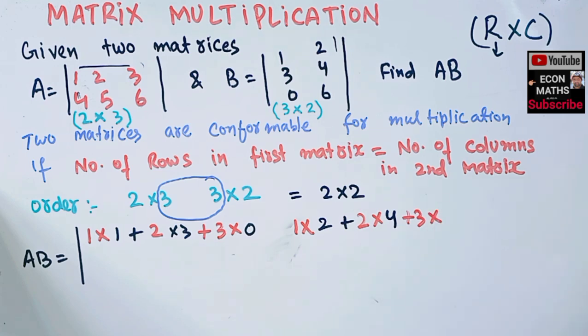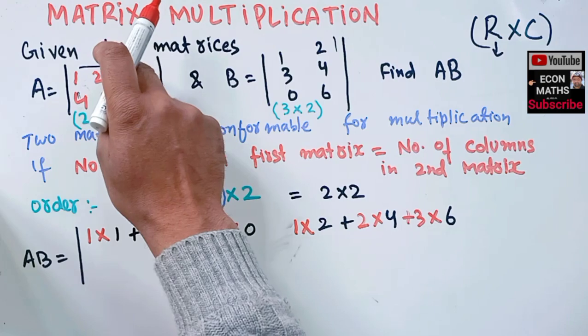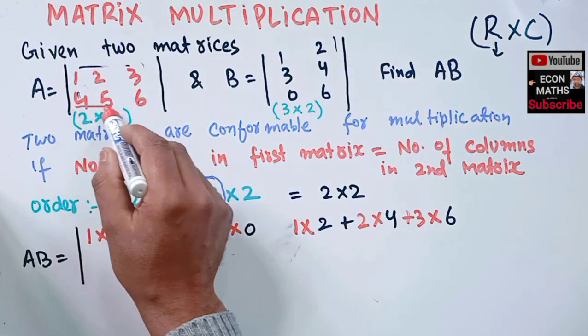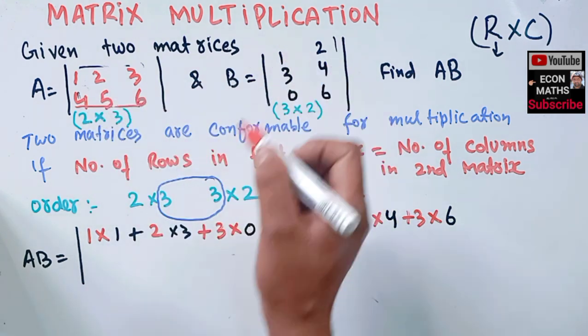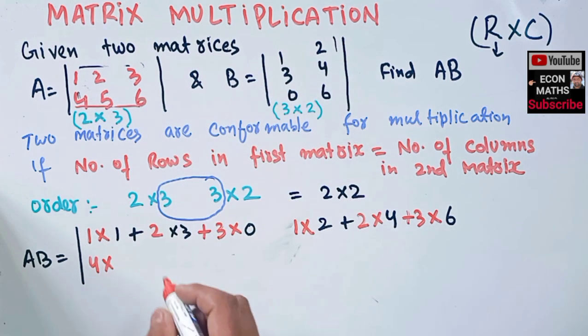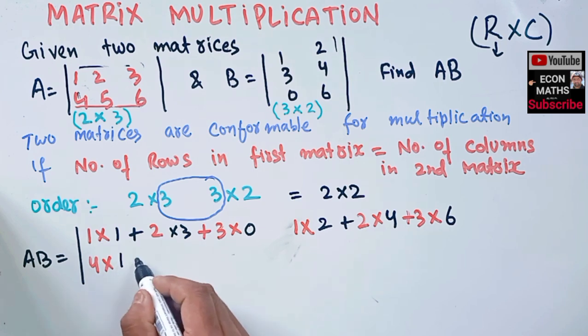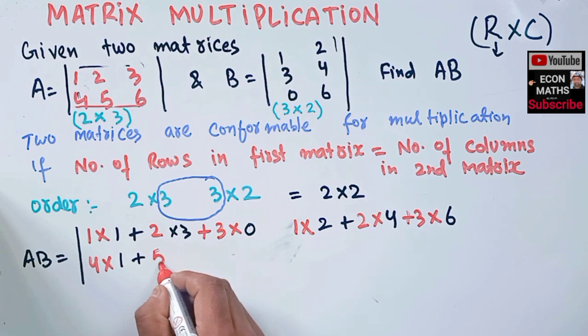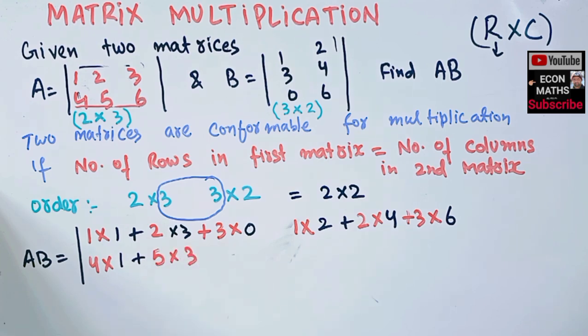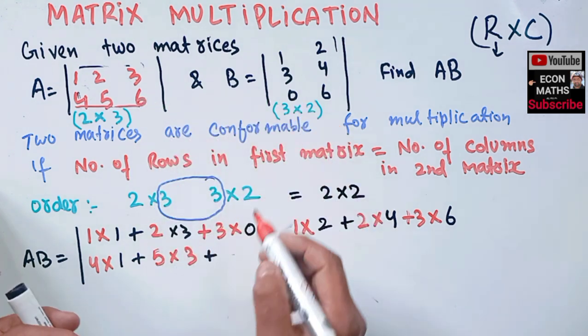Okay, after that we multiply the second row with these two columns. So the second row is 4 into 1, plus 5 into 3, plus 6 into 0.